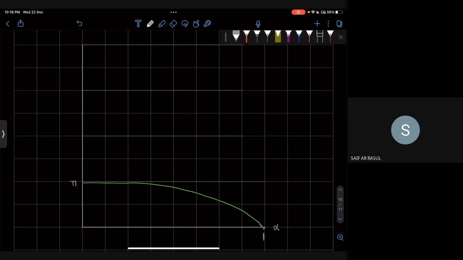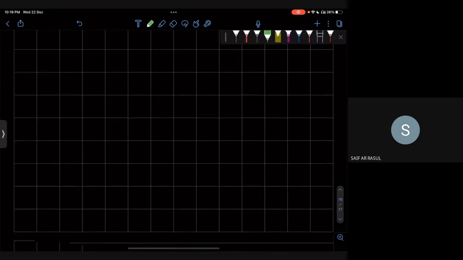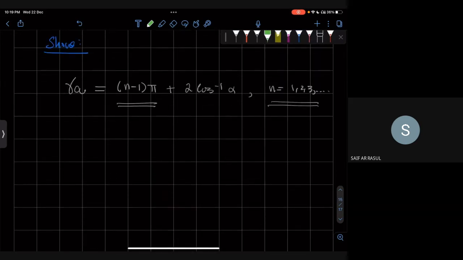And then the second branch is going to be just shifted by a constant amount. So if I look at this equation, every branch, this is essentially what is changing.